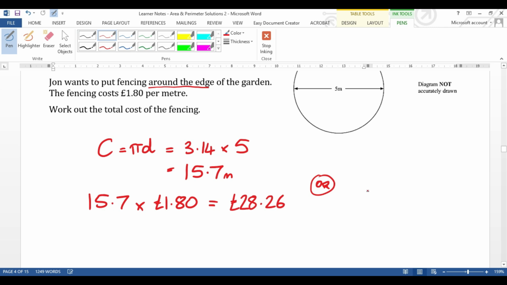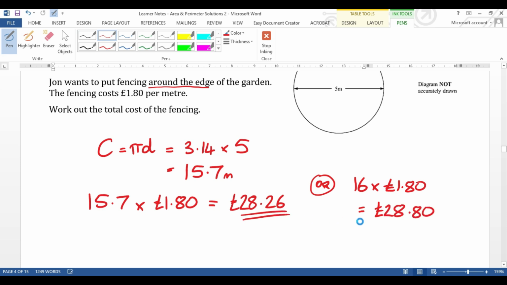Or what you could do is round it to 16. So imagine that you go into the shop and you're buying a whole number of meters. So you're buying 16 meters times £1.80, which gives us £28 and 80 pence.